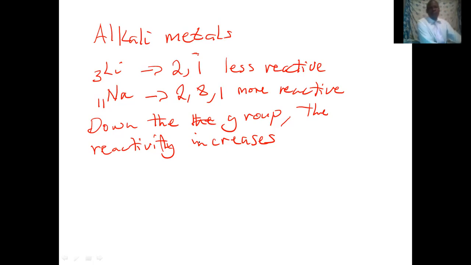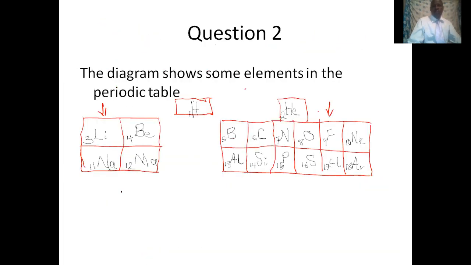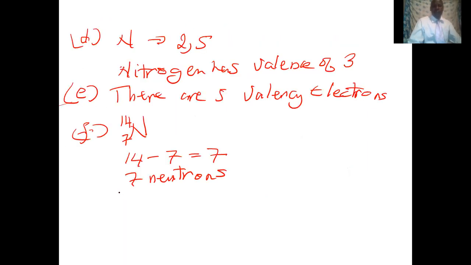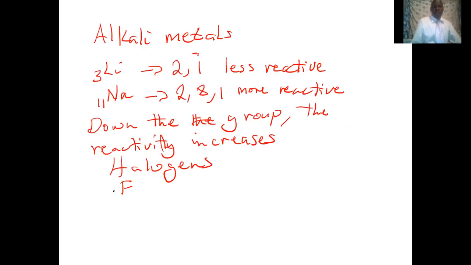Okay. And for halogens, as we saw, fluorine's atomic number is 9, and for chlorine, it's 17.